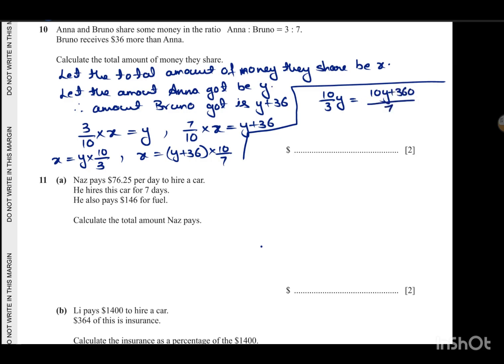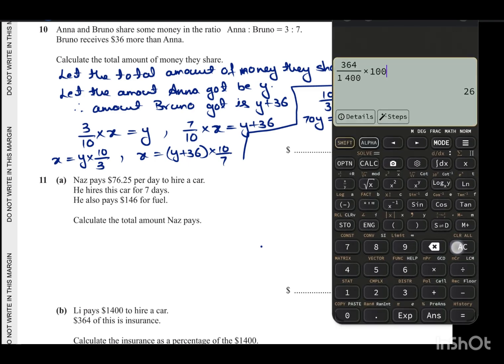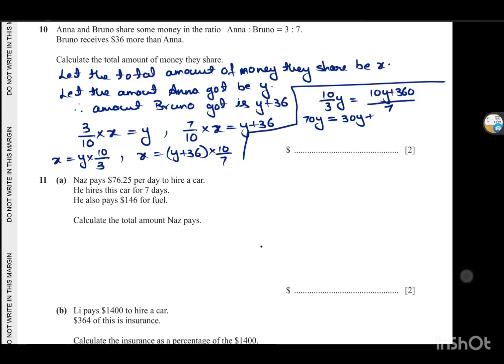Cross multiply, you get 70y is equal to 3 into 10, it will be 30y. 3 into 360 will be how much? Find out. 3 into 360, 1080. Bring the y term onto the left hand side. 70y minus 30y is equal to 1080.